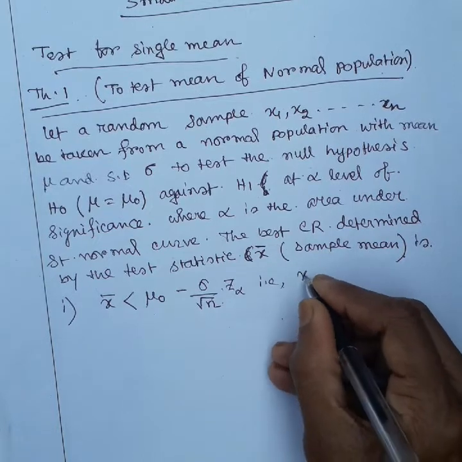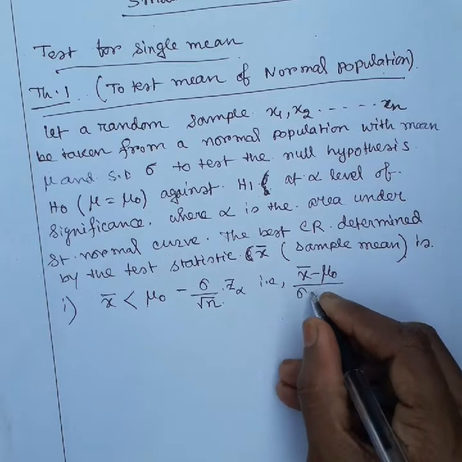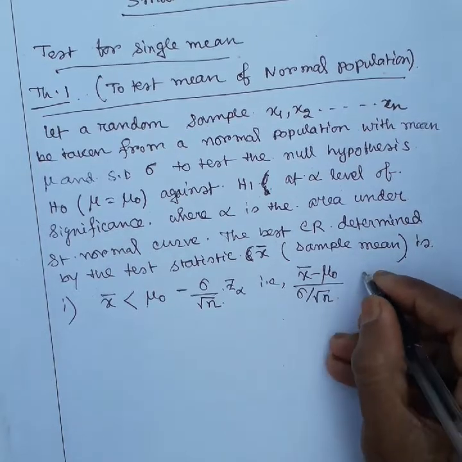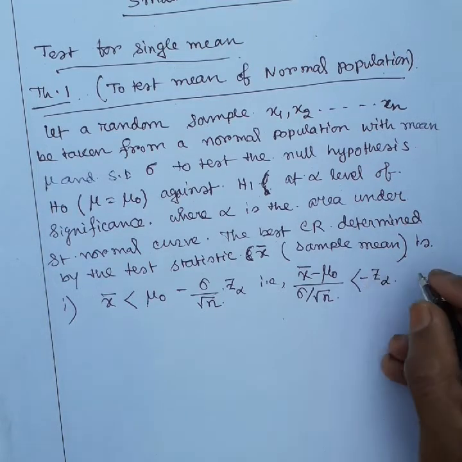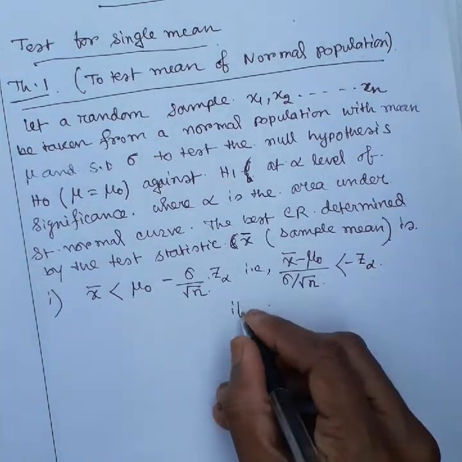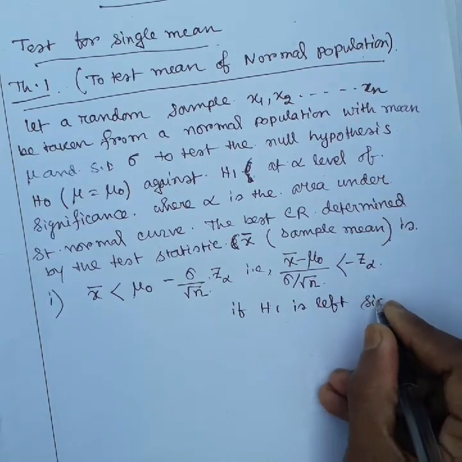That means (x bar minus mu 0) by (sigma by root n) is less than minus z alpha, if H1 is left sided.